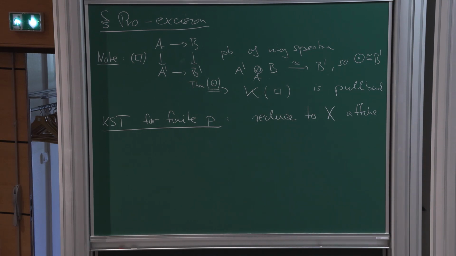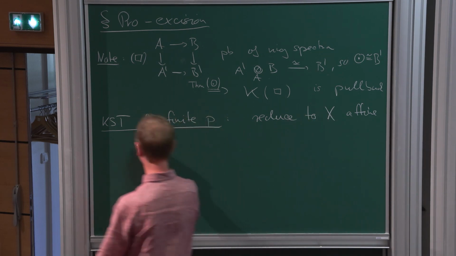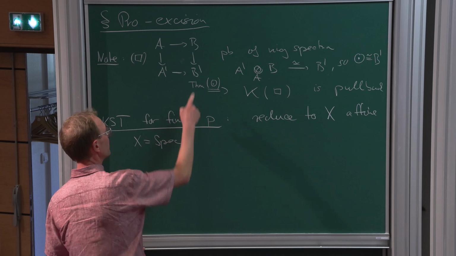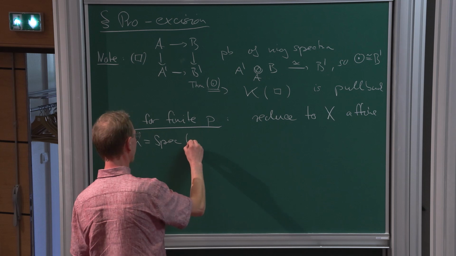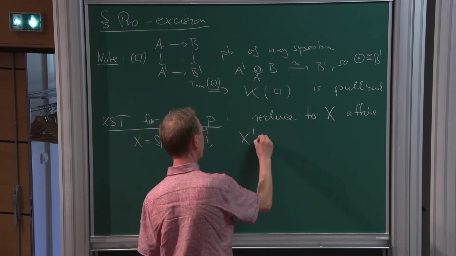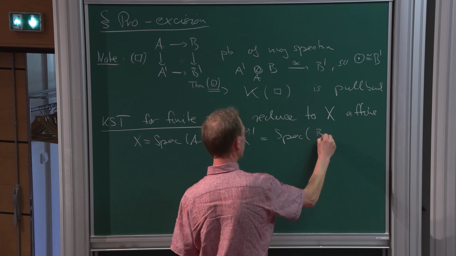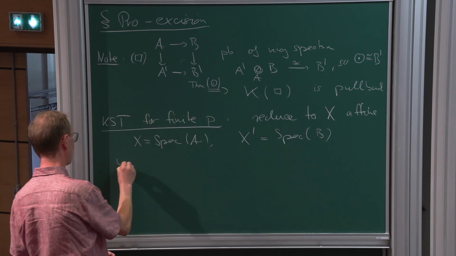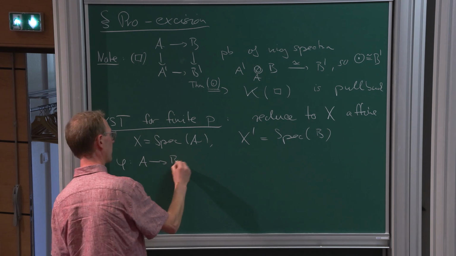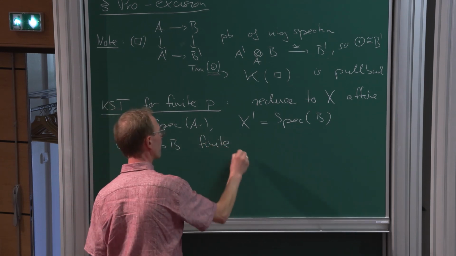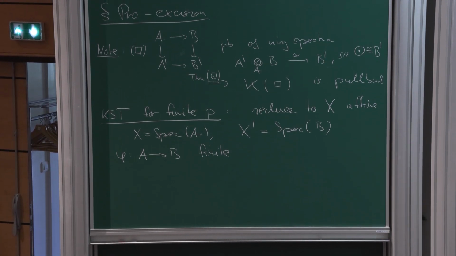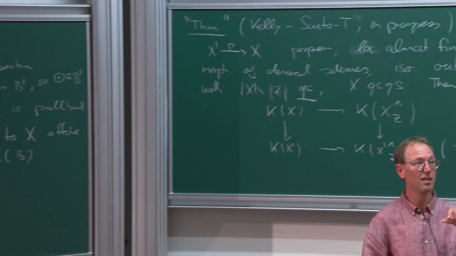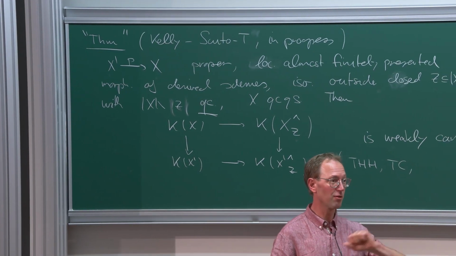Let me say X is now Spec A, and X prime is Spec B. Then you have a finite map phi from A to B. Finite, and also proper, just means that the underlying map of classical schemes is finite, respectively proper.